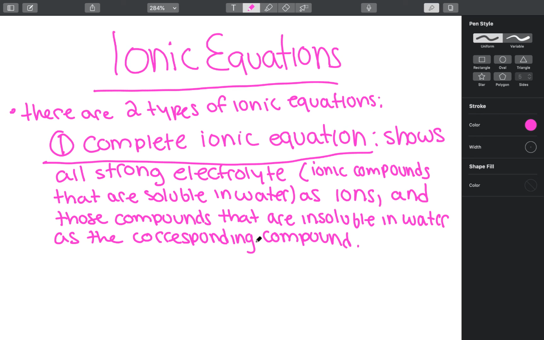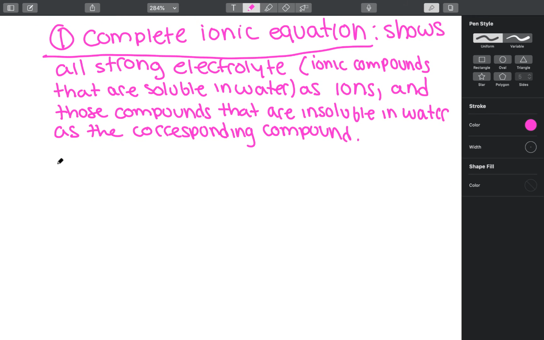So they will remain in the same form. In order to show this, let's do one example.